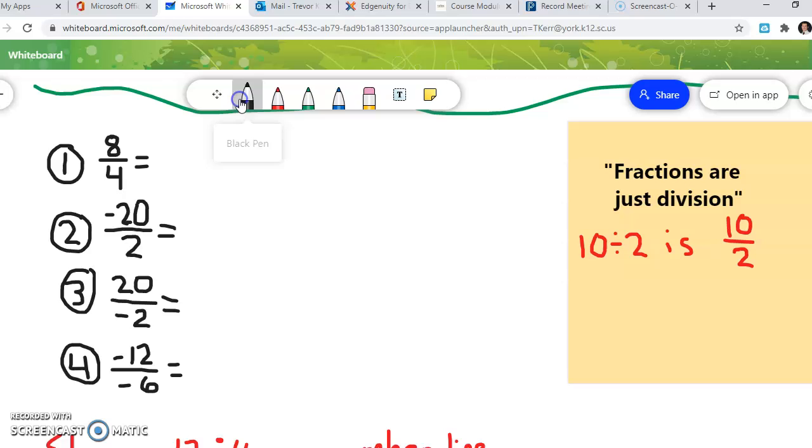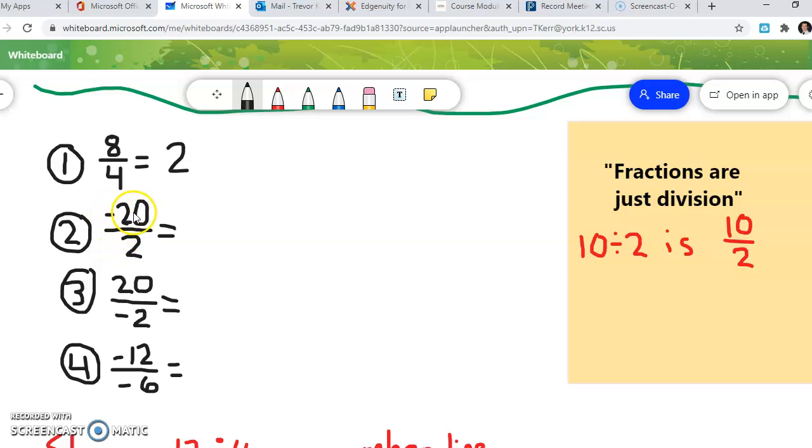Okay, good. The rules here are actually very similar to multiplying. If I have 8 divided by 4, division is like splitting things up into groups. If I have 8 and I split it up into 4 groups, hopefully you know that that is 2. Now we come to, again, the negatives. We're trying to work our way through what happens when there are negatives.